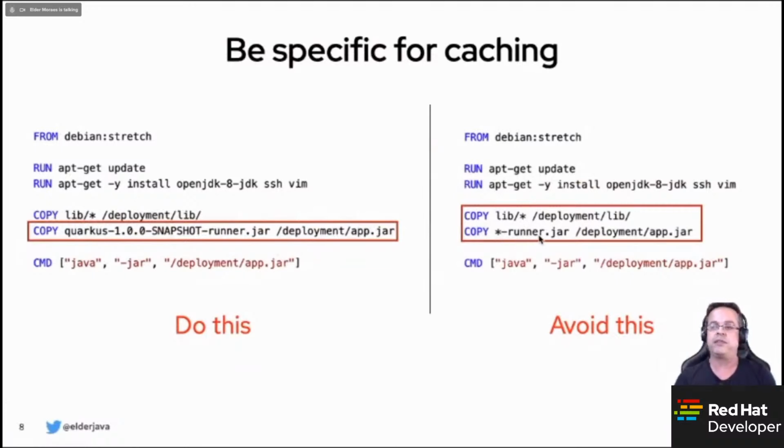Because if by accident or for some changes I copy another file to this folder, named as runner at the end, I will break the cache for this line unnecessarily, for example. So if you need to save the cache of a Docker image, you need to be specific when copying files.